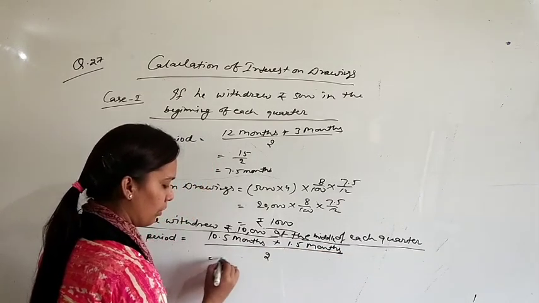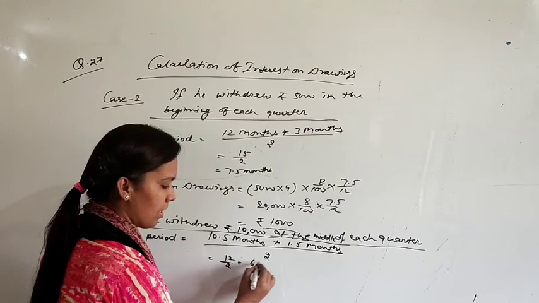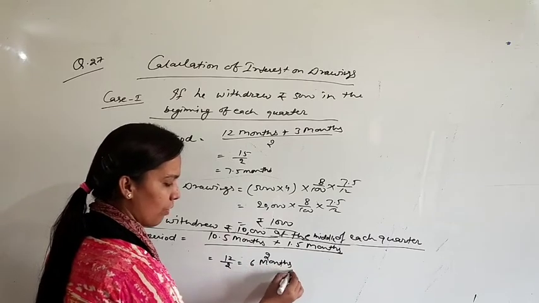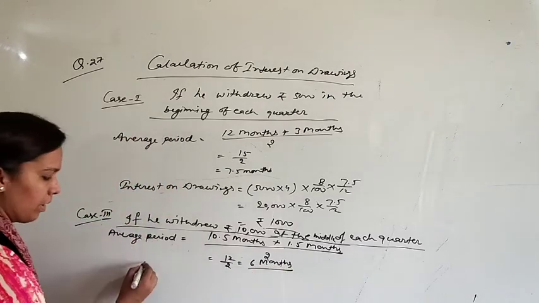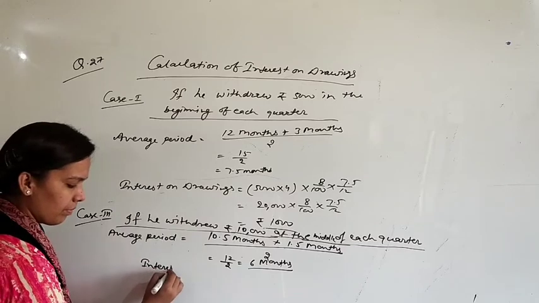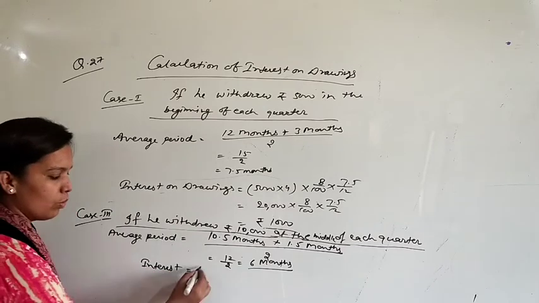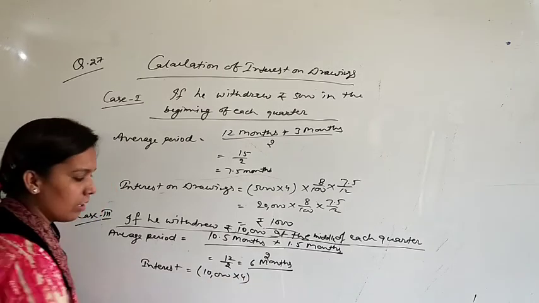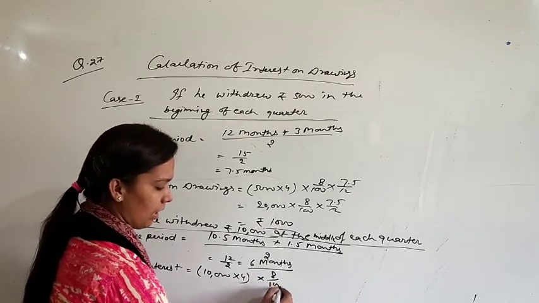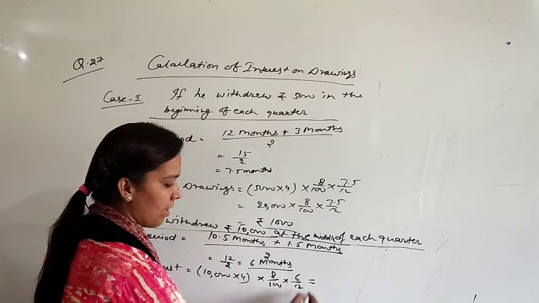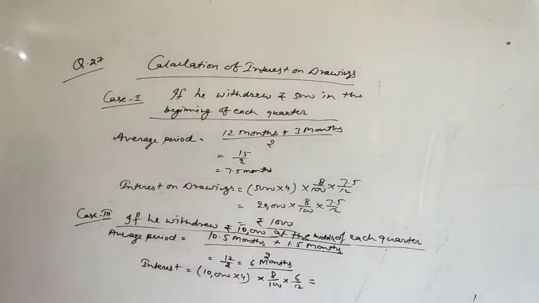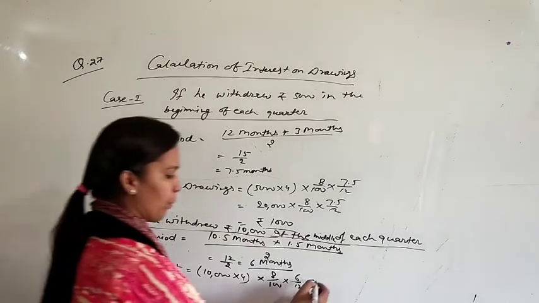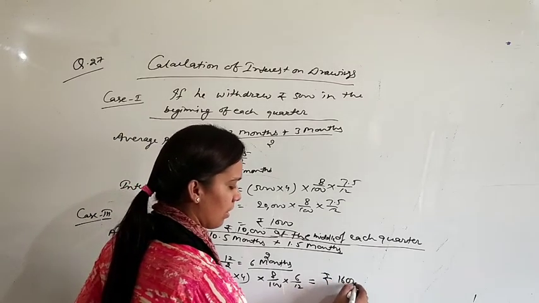Divide by 2. It means 6 months. In this case, you will calculate interest for 6 months. So interest is equal to 10,000 rupees per quarter and you will have 4 quarters in the year. Rate is same, that is 8%, and time is 6 months. Okay. You will get amount of rupees 1,600 in this case.